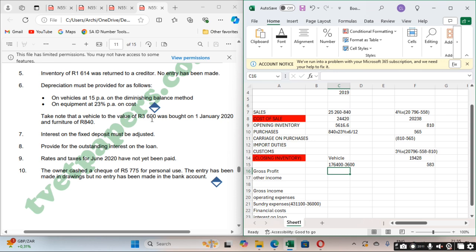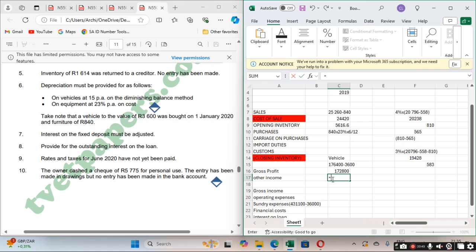To get what? So let's do 176,400 minus 3,600 to get this 172,800. So to get this 172,800, this is the amount you're going to minus your, this is diminishing balance method. So diminishing balance method is what? Is cost minus accumulated depreciation. So this amount, this is what you're going to use to minus your accumulated.